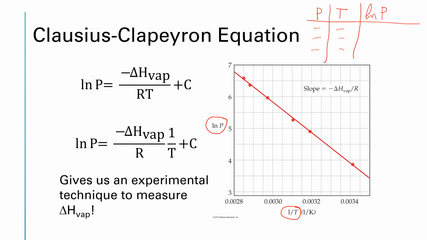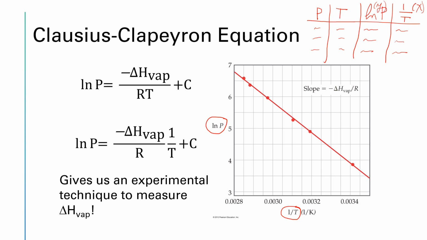So you would use your calculator, and whatever you had for pressure, you would run that through your calculator and calculate what the natural log of the pressure was, and whatever you got for temperature, you'd run that through your calculator and you would calculate the reciprocal of those temperatures. Then you're going to plot that, and this 1 over temperature column becomes your X data point, and so I'm going to put X up there in parentheses, and the natural log data becomes your Y data point.